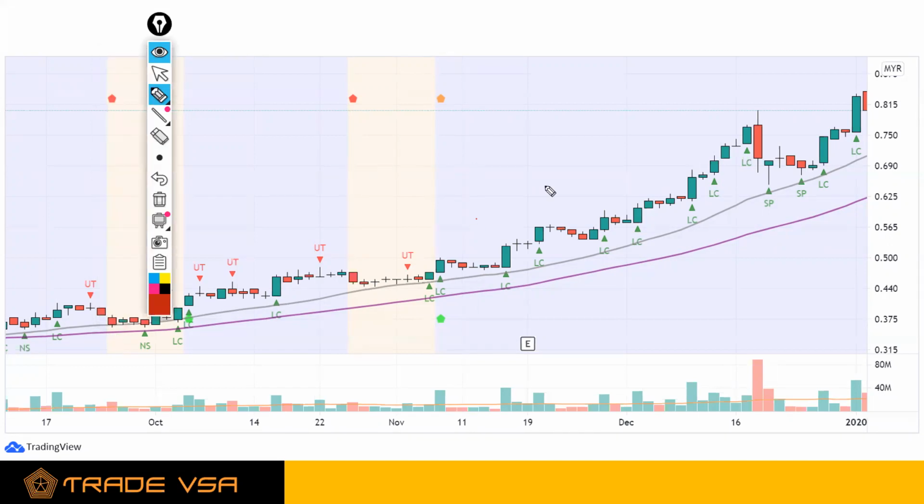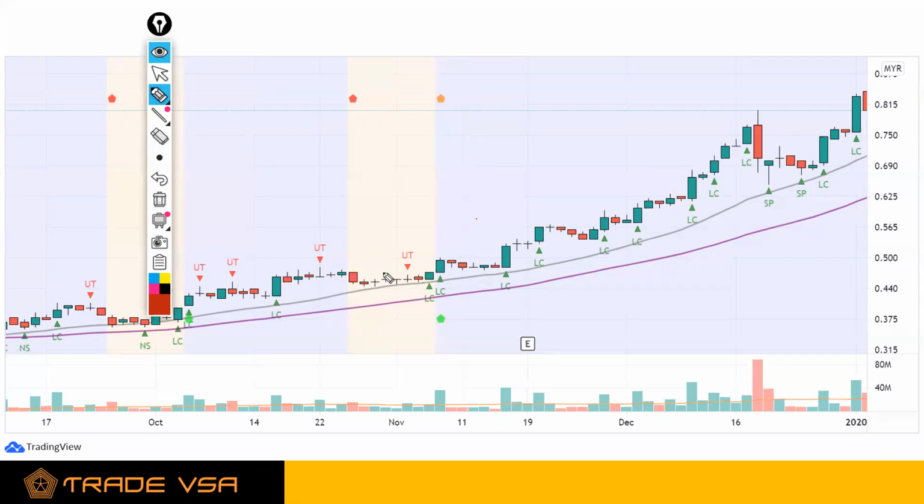This is 1, 2, is it here, somewhere around here, I think. LC on October 16th. LC at 10, 11. December 20, somewhere around here. Two NS, strong support. Price above the 20 MA since October. Yes, so again, up trending stocks.